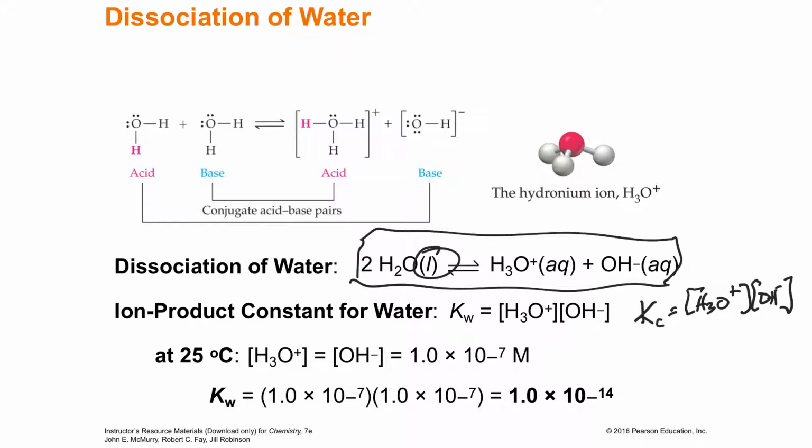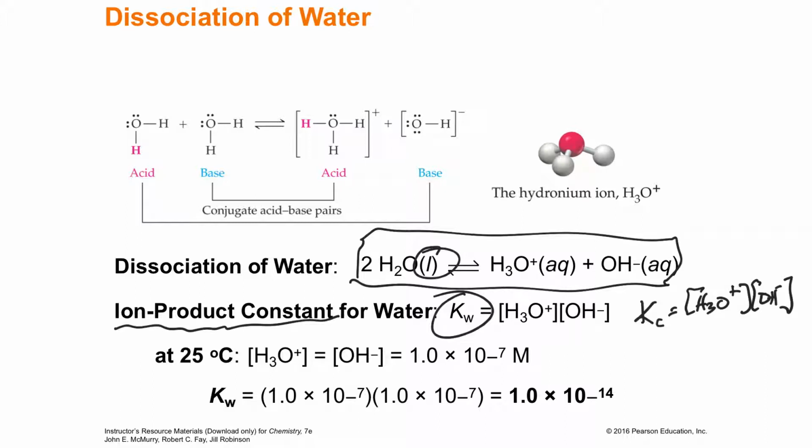It is so useful that we gave it its own letter, because you don't have enough of these K's to memorize. K sub W is simply the equilibrium constant of water, and it's called the ion product constant.